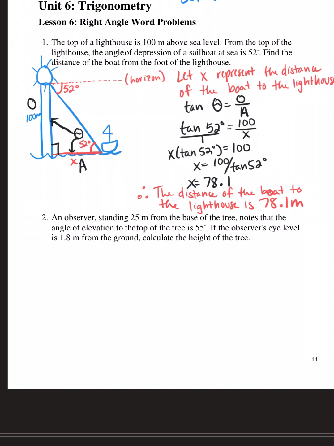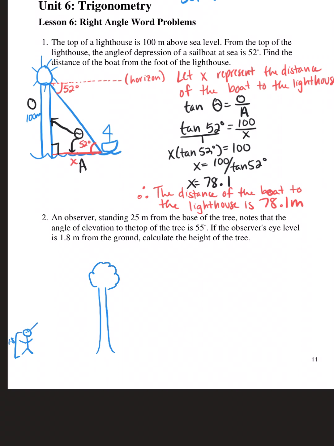So we'll draw our tree. We have an observer on the ground over here. It says their eye level, so from here, is going to be 1.8 meters from the ground.